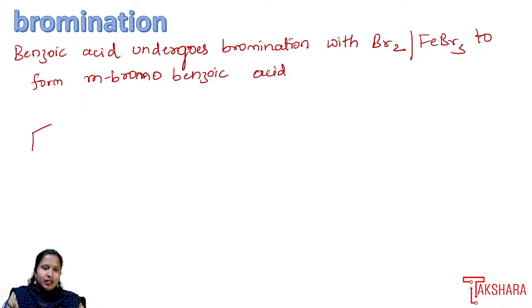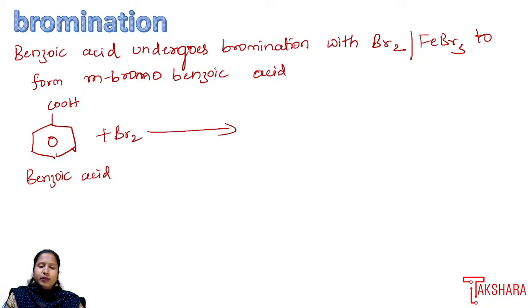Okay, so now I'll write the reaction. For the benzene ring, a COOH group is attached, which is called benzoic acid. When benzoic acid undergoes bromination with Br2 in the presence of FeBr3, Br is going to replace one hydrogen atom in benzoic acid and we will get the product.